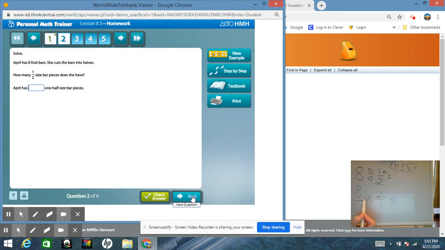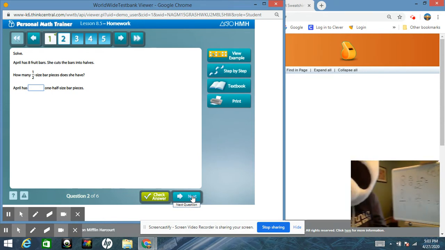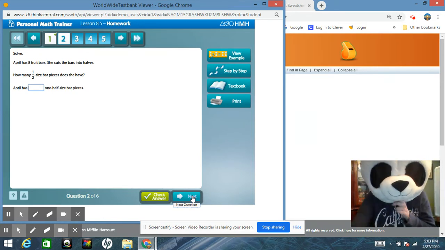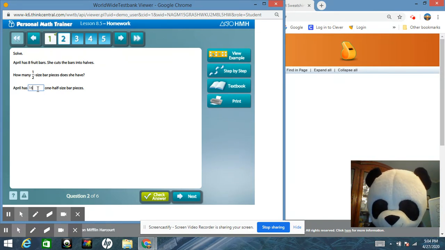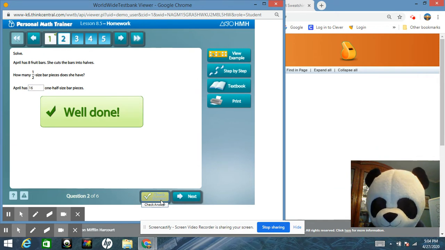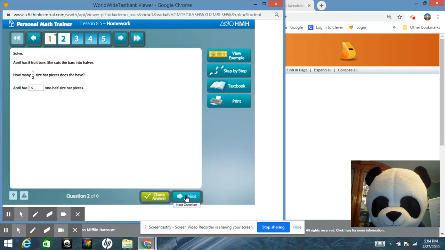So now I just simply multiply. 8 times 2 is 16 over that 1, and it is really 16. So I'm going to put my answer there. Whoa, look at that. Another problem correct.